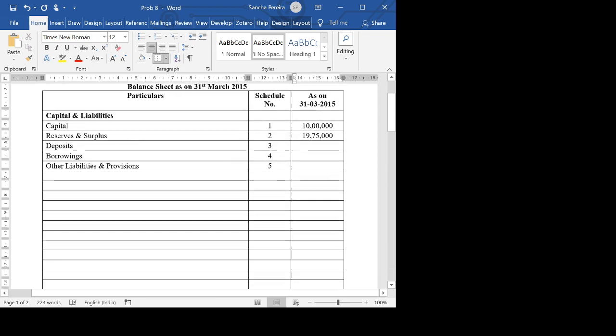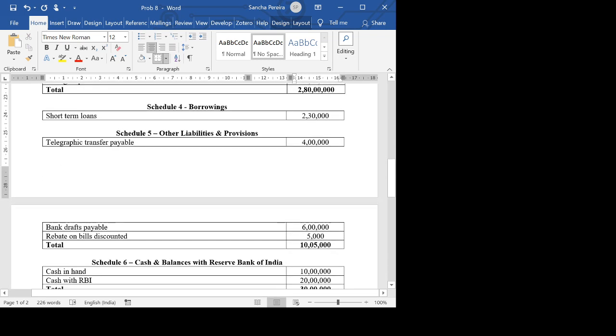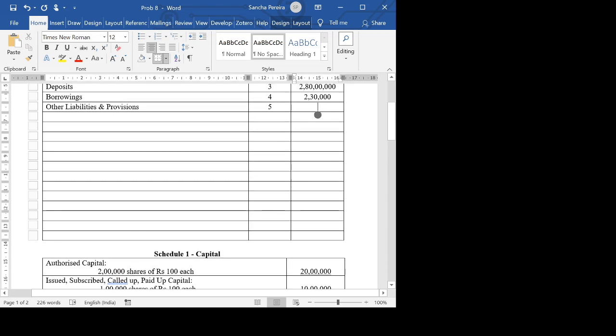Borrowings are 2 lakhs 30,000. Just be careful with the figures. Then we have other liabilities and provisions, which is 10 lakhs 5,000. Then we have the total here, which we will do once we finish the assets.